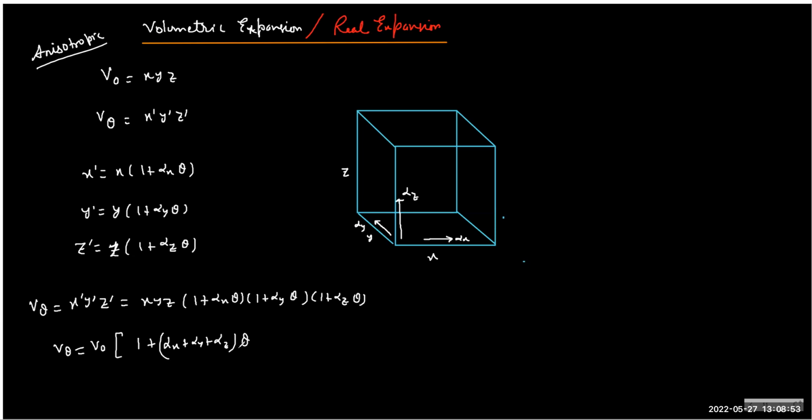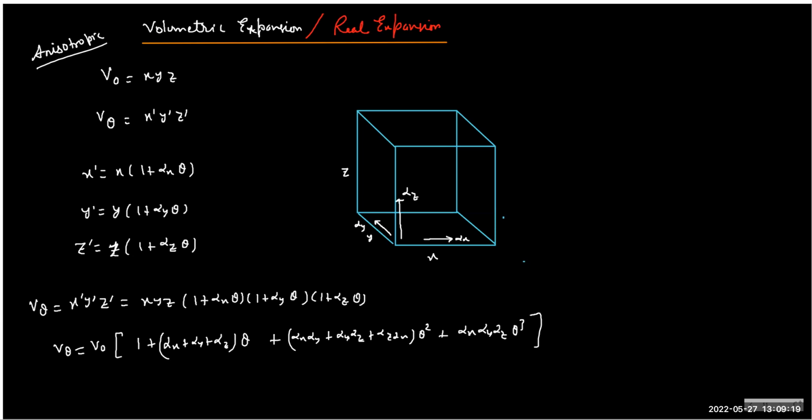So we have taken 4 terms, and the rest of the 4 terms will be the products of x, y, y, z, z, x, and the last term will be alpha x, alpha y, alpha z, theta cube. So if you really want to expand, you will get something like this.